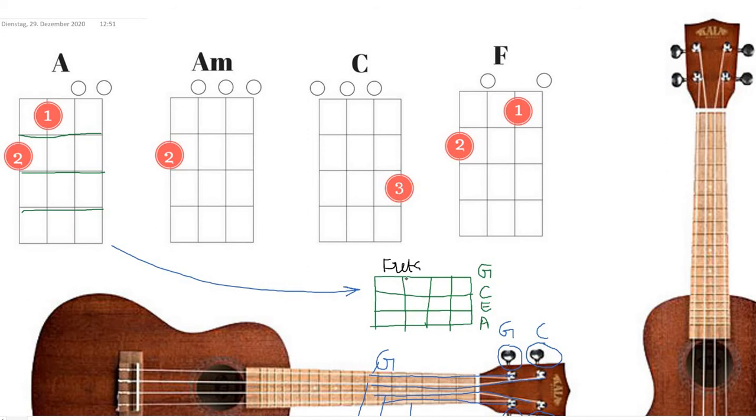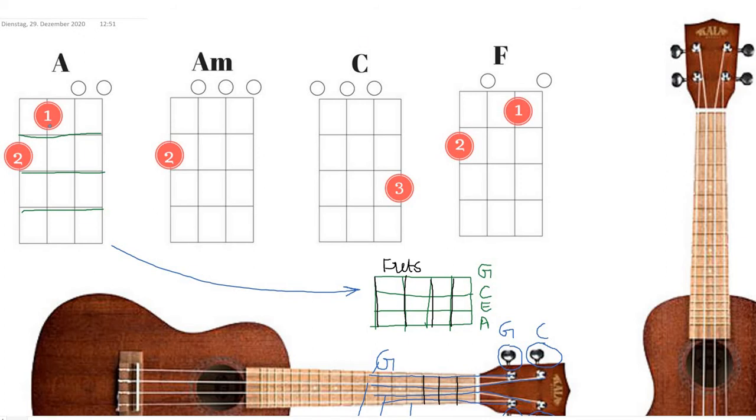These are the frets, I hope it's clear. These are those metal bars on your ukulele. And the horizontal lines are the strings, G, C, E, A.